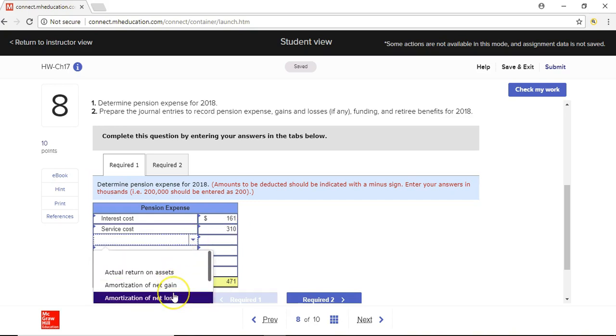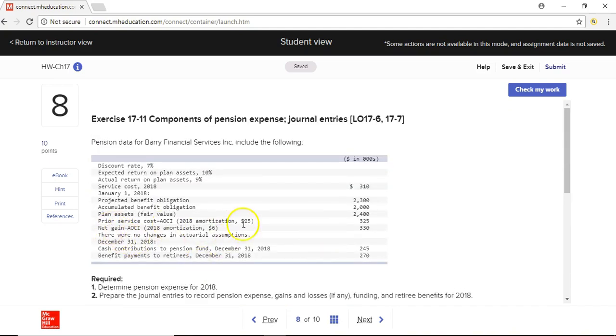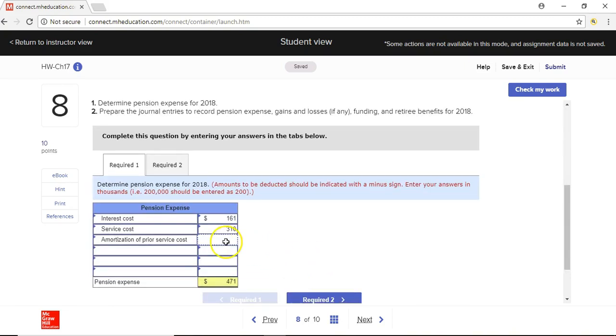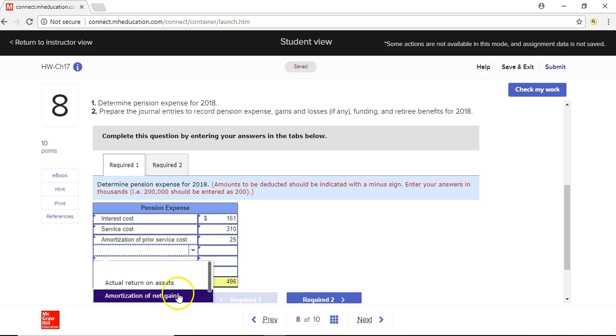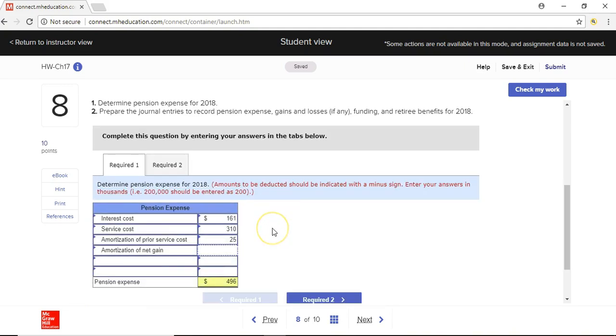Amortized prior service cost. They amortize it for us, $25. Amortized net gain. Net gain, they said $6 million, but it's a gain, so minus 6.